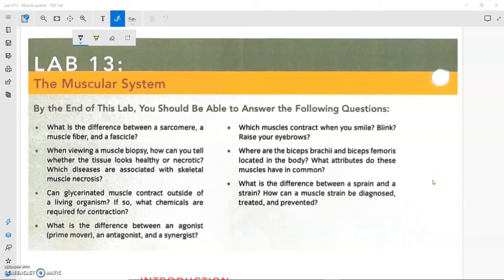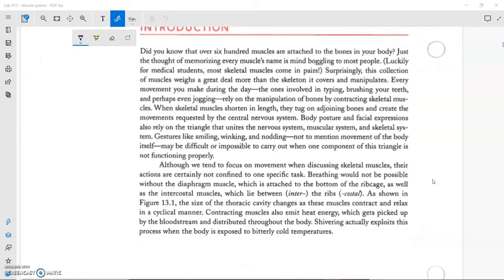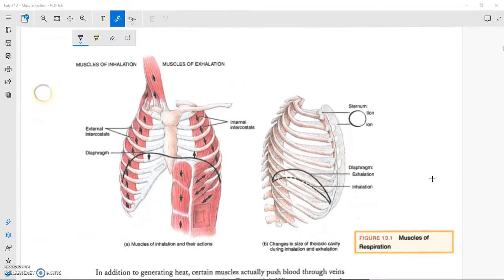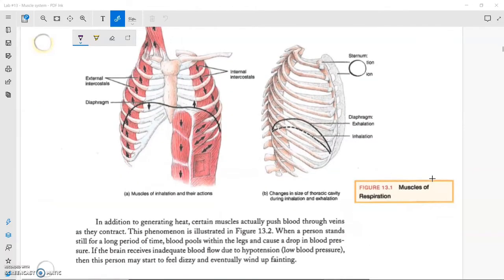In this lab, we're going to study the various aspects of the human muscle system, and reading the introduction falls upon you. I'm going to just briefly offer you some functions of the muscles. They move your bones, they generate heat, smooth muscles can help to move the food through your alimentary canal.